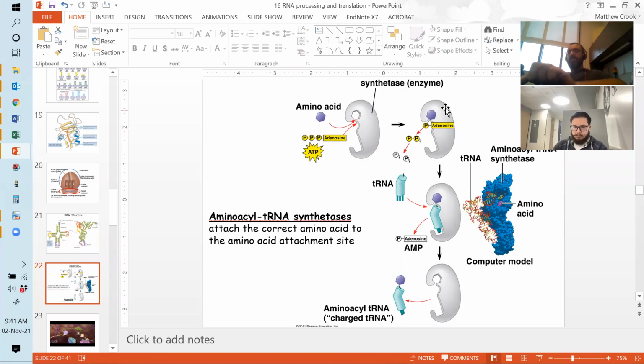Once the synthetase is charged with an amino acid, now the tRNA comes in and it fits like a hand and glove type deal. Right, you can actually see a space filling model of it over here. And again, this process is very specific.